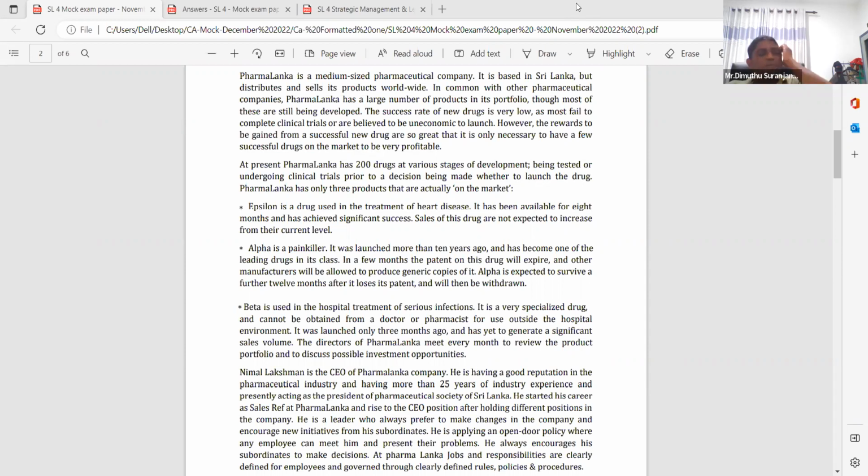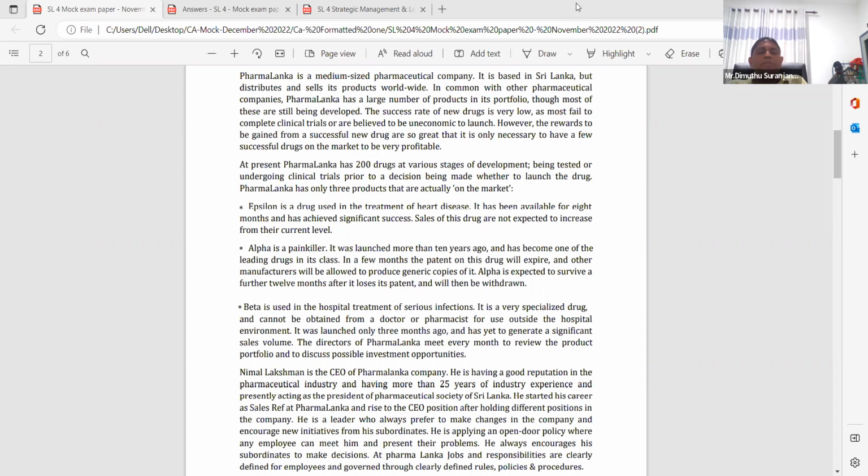Then Alpha is a painkiller. It was launched more than 10 years ago. That's an experienced product, no? And it has become one of the leading drugs in its class.